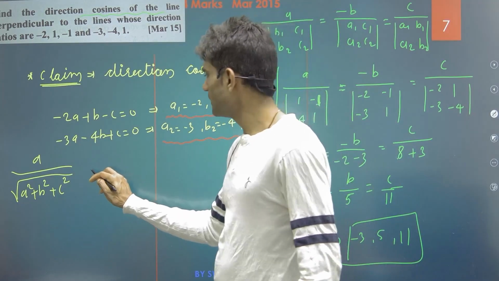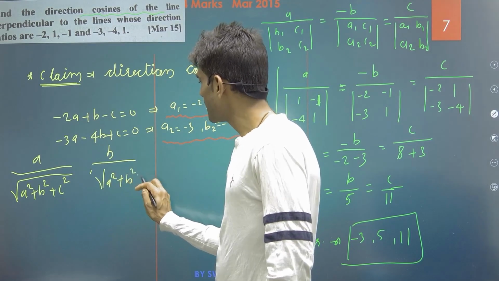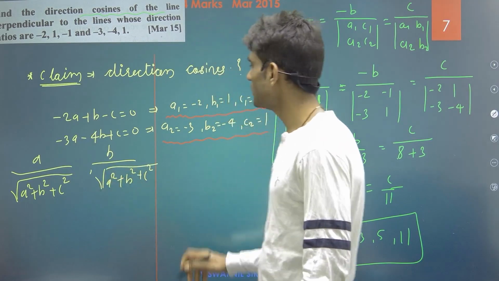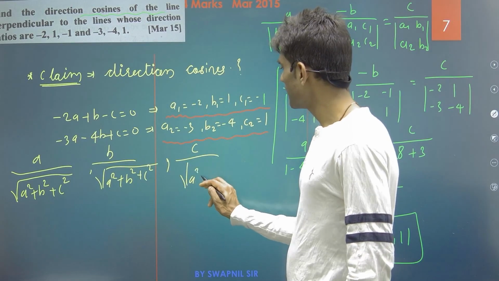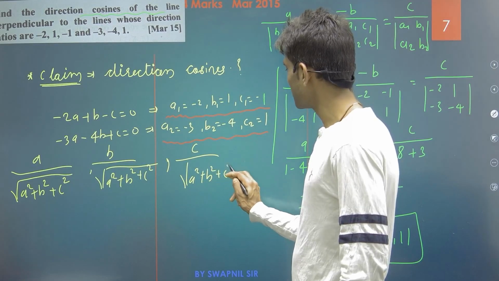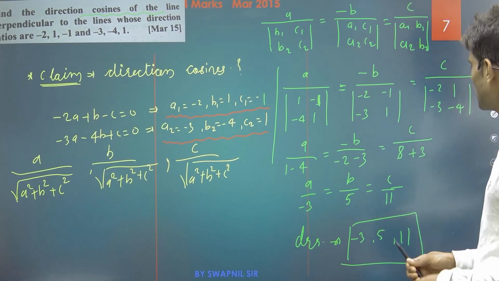Similarly, b upon square root of a square plus b square plus c square is the second direction cosine, and the third direction cosine is c upon square root of a square plus b square plus c square. Now substitute the values for a, b, c.